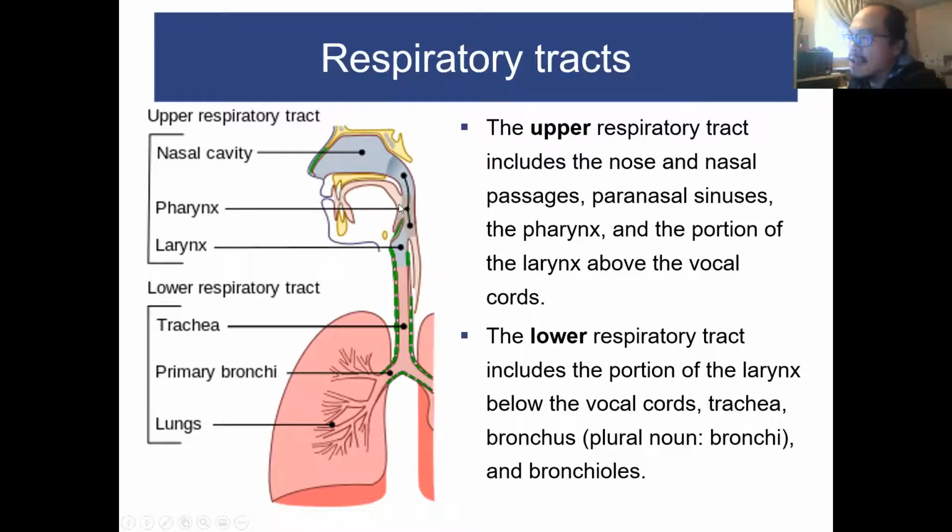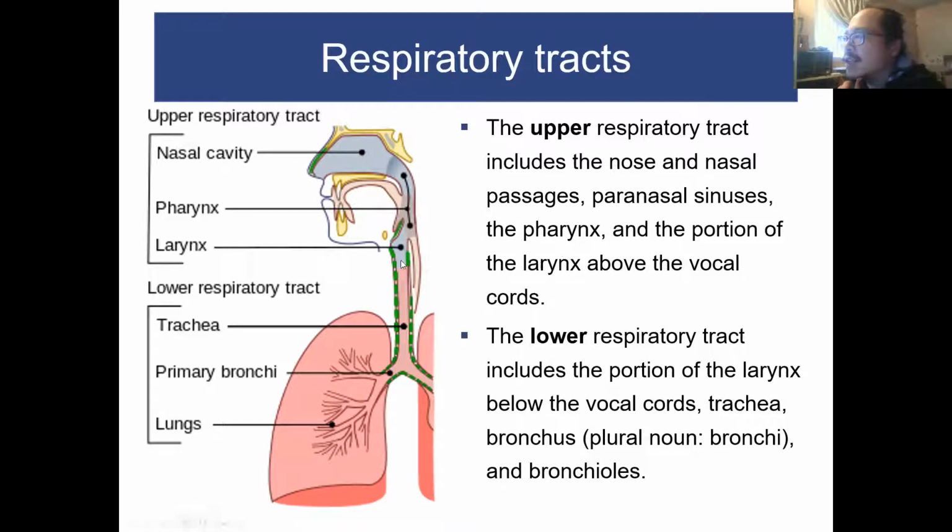And from the pharynx, the air will continue to go into the larynx. Right here, larynx. This larynx is where we generate the voice. So the air actually can be used to generate voice. That's what I'm doing right now.